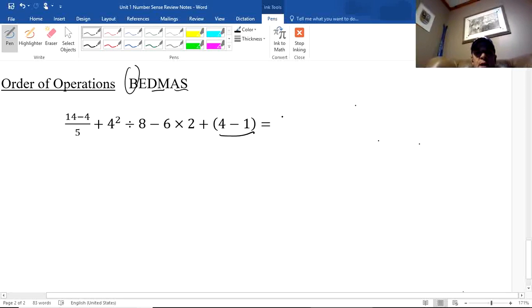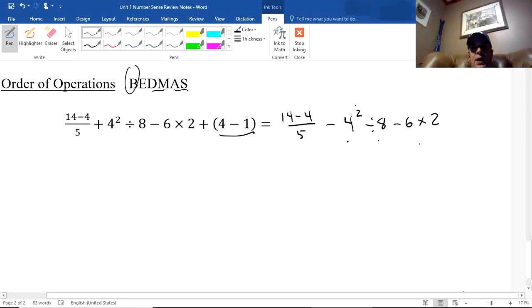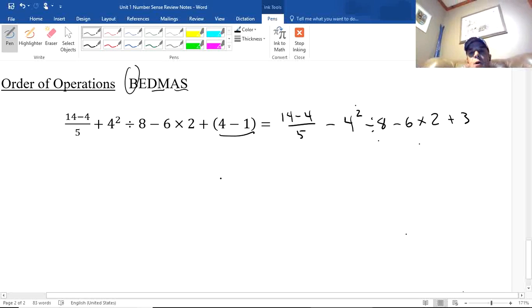That's all I'm going to do. So if I do this properly, I go like this, and then I say minus 4 squared divided by 8 minus 6 times 2, and I do my brackets, which is plus 3 now. I got my answer here. That's the first thing I did. Now it gets a little trickier.